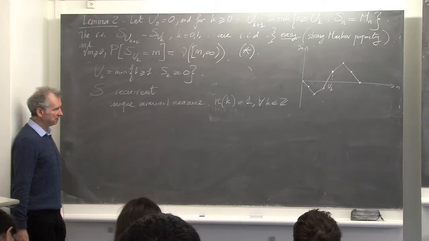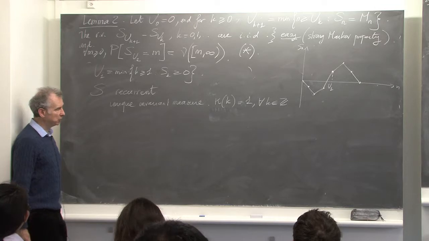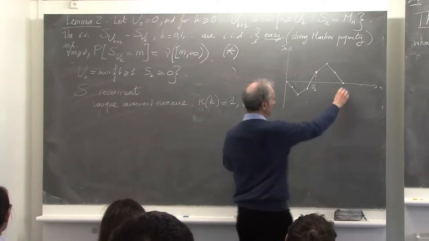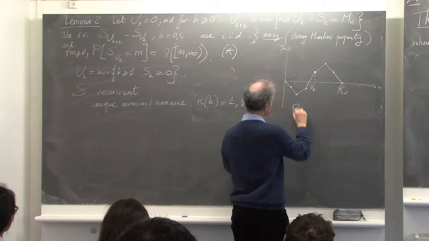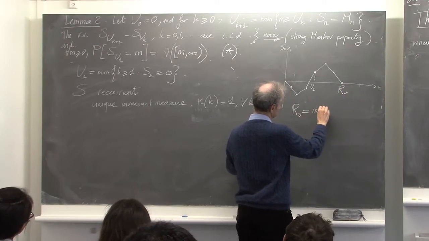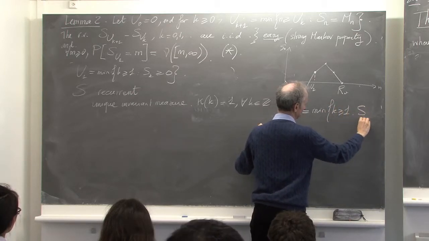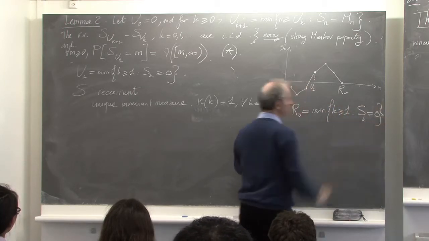And moreover, something you also know is that you can recover the invariant measure in the following way. You look at the first return to 0. I will call this time R0, the first time you come back to 0.